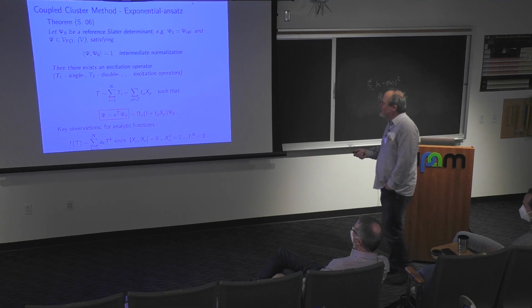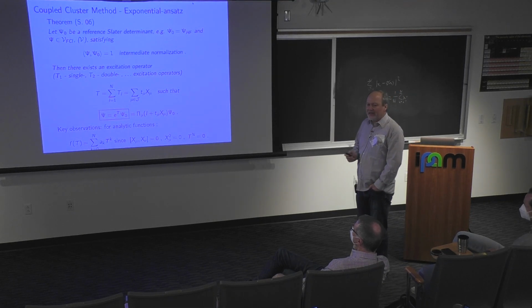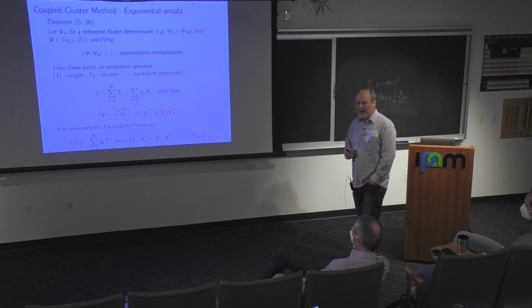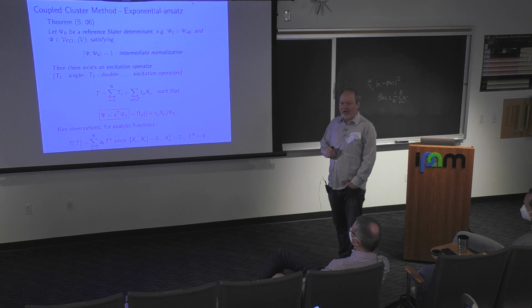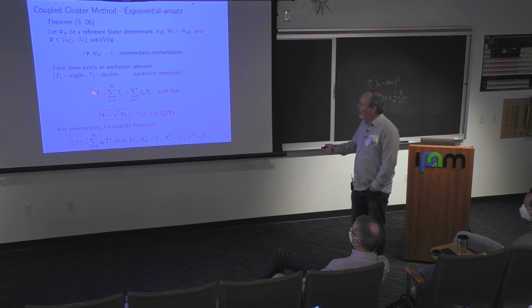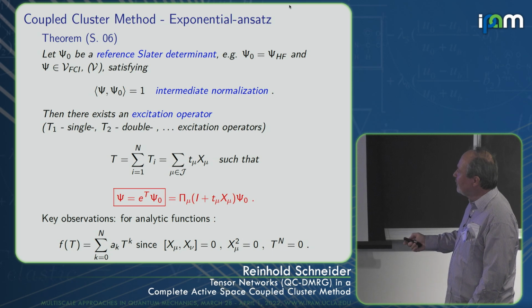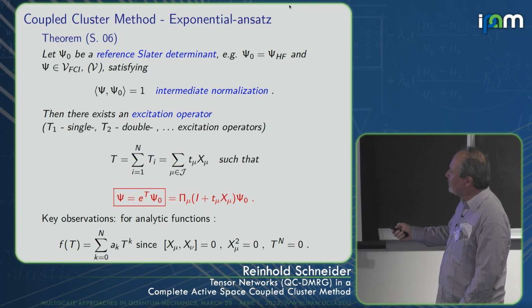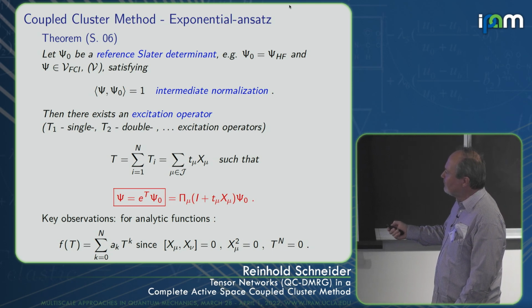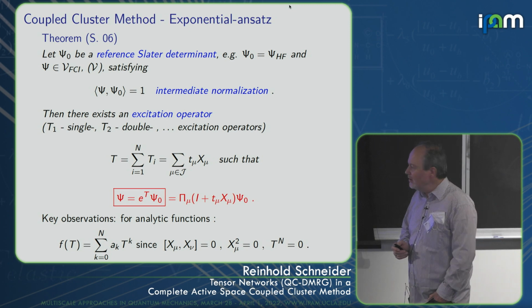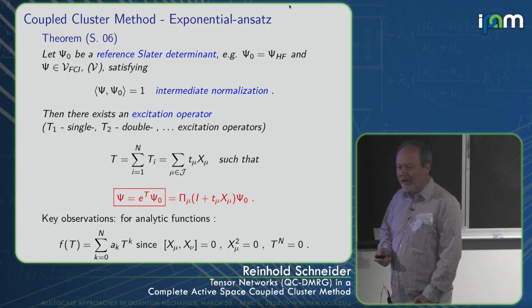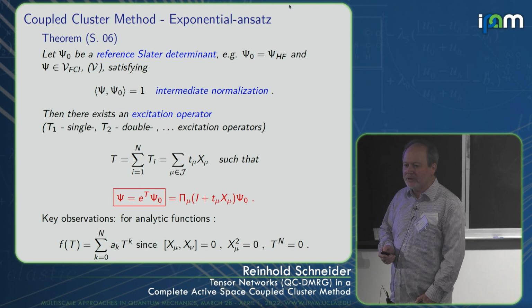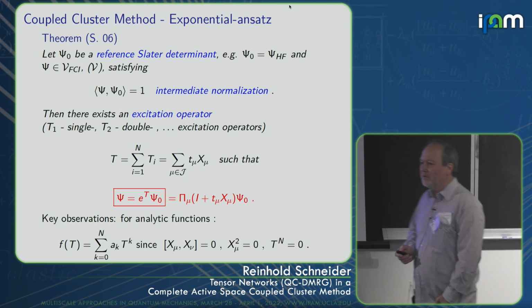And the other thing is what kind of excitations we are interested in. If we do all excitations, for which in the linear case we get the full CI, we get the full coupled cluster, and if the solution is not orthogonal to the reference, then the full coupled cluster gives you already the full CI solution.